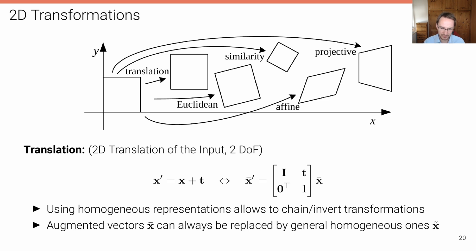And this is not only true for the simple translation example, but for all the other transformations that we are going to see: Euclidean, similarity, affine, and projective. As always, augmented vectors can always be replaced by general homogeneous vectors, x tilde.